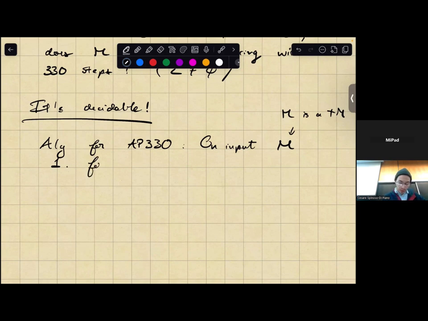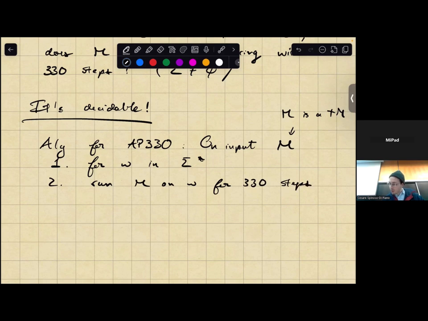So for W in sigma star, run M on W for 330 steps. If M accepts by the 330th step, then the Turing machine, this sort of meta Turing machine, should accept.